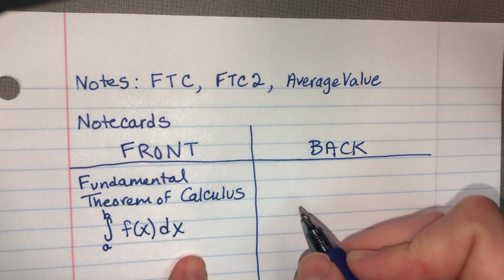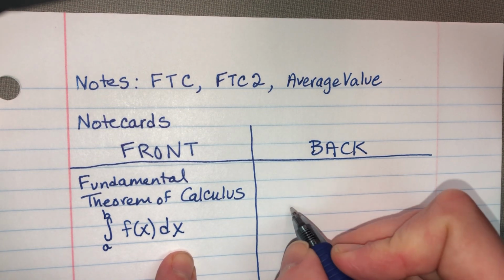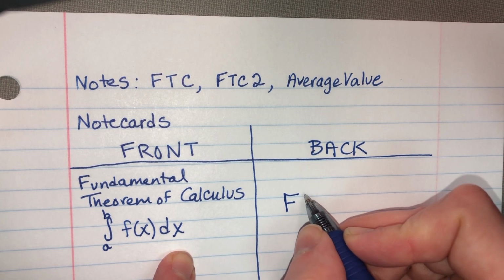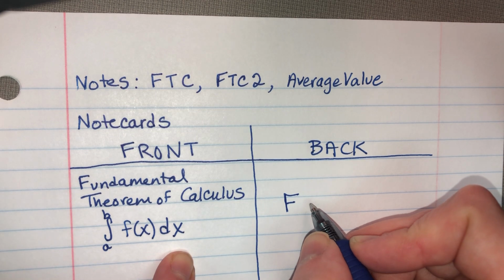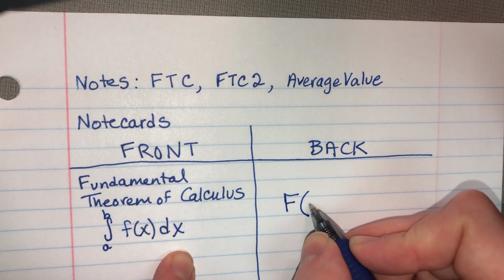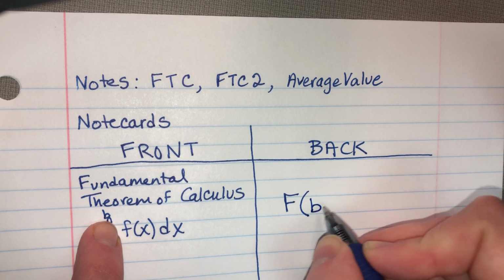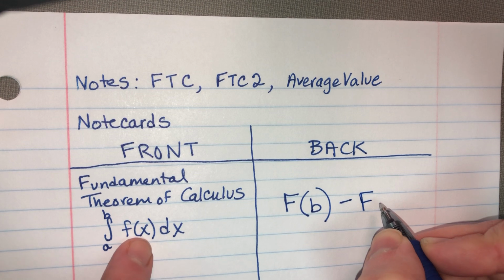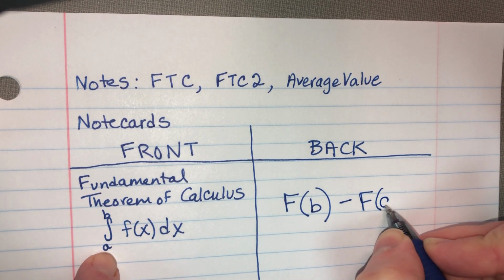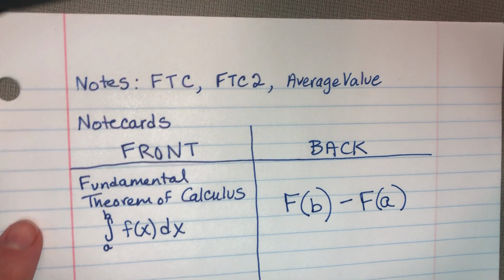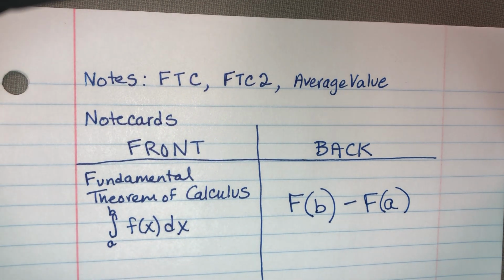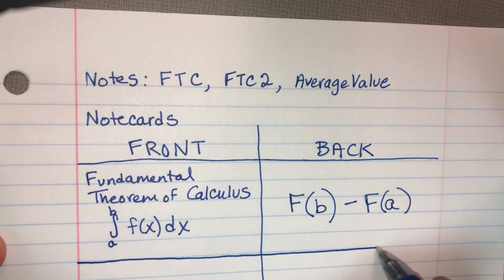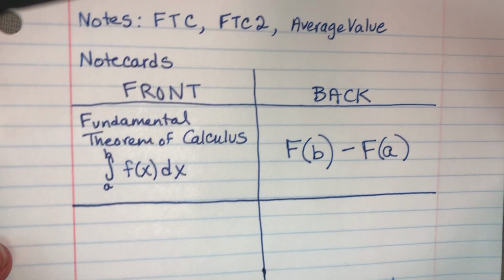And on the back of the note card, you're going to say that that equals capital F, which means the antiderivative of the function f, with the variable b plugged in, which will actually be a constant, whatever number is up here, minus the antiderivative of f of x with whatever number you have down here for a plugged in.